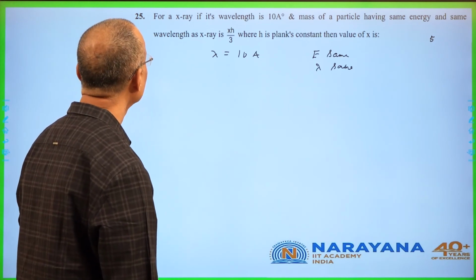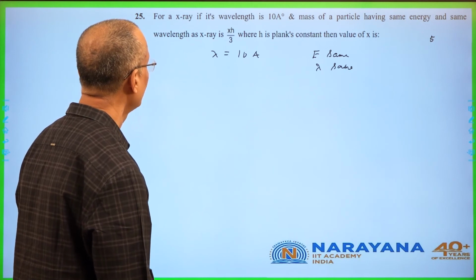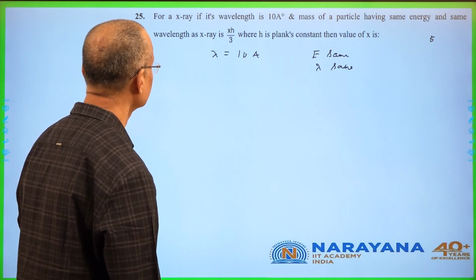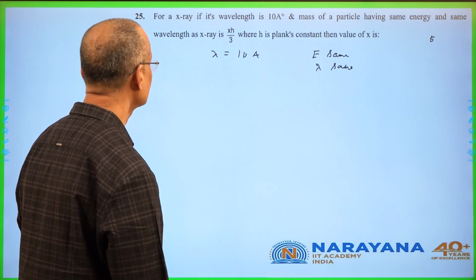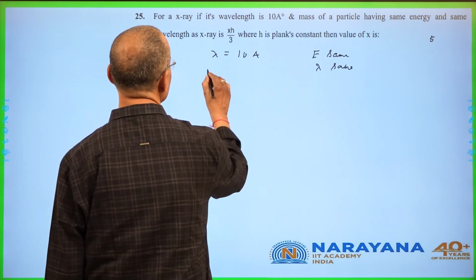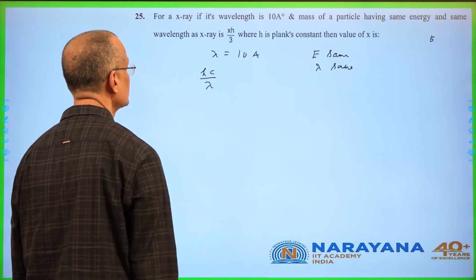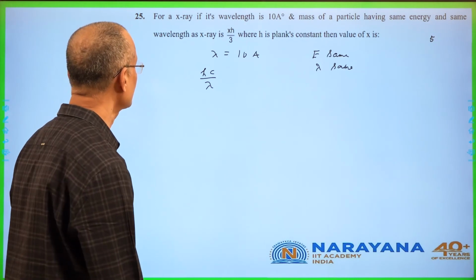Okay, so if you go for energy of X-ray, the energy will be hc by lambda. This is the energy of the X-ray photon.